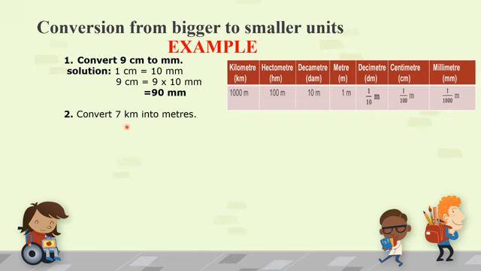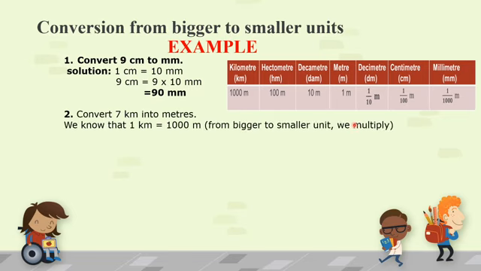Next question: convert 7 kilometers into meters. Kilometer is here, meter is here. Quite far, huh? The earlier one was a neighbor; now meter is not a neighbor. Now we know that 1 kilometer equals 1000 meters, from bigger to smaller unit, so we will multiply.